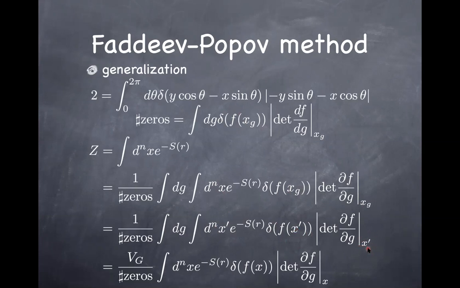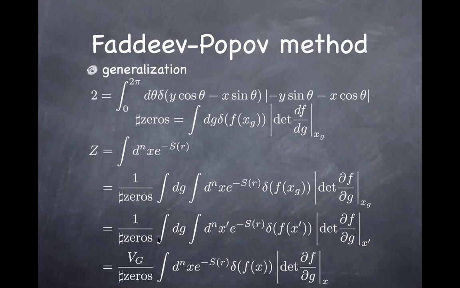So it's evaluated where f of x prime vanishes. But having done that, none of the pieces in the integrand now know about g. It's all eliminated because I have switched my integration variable from x to x prime. So everything now depends on x prime and doesn't depend on g anymore. That's why I can perform the g integral, because nothing depends on g.